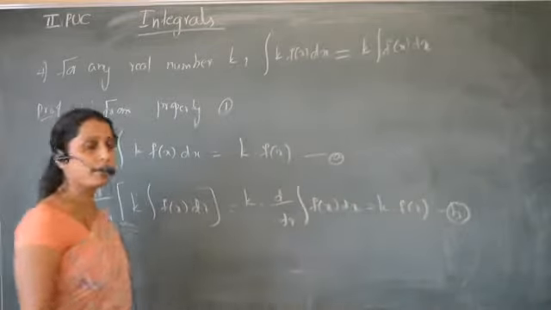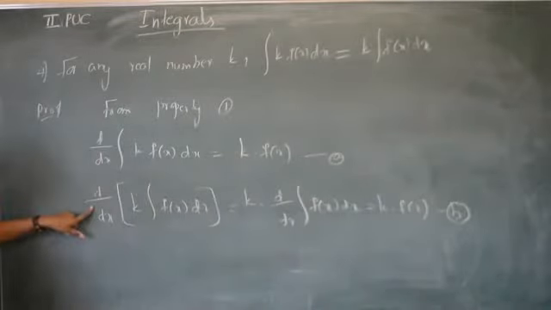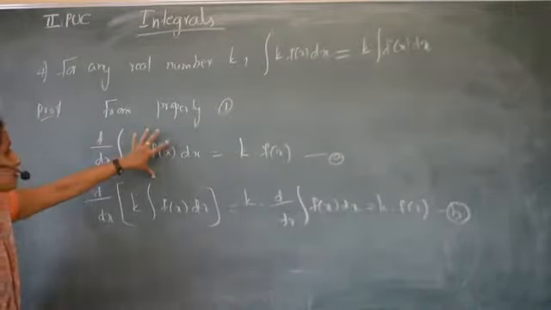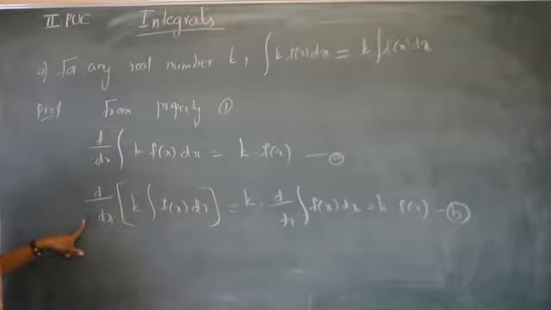So we can write again, this is a and b. From a and b we can write these two are equal. That means the functions are having the same derivatives. If the indefinite integrals have the same derivative, then that represents a family of curves.